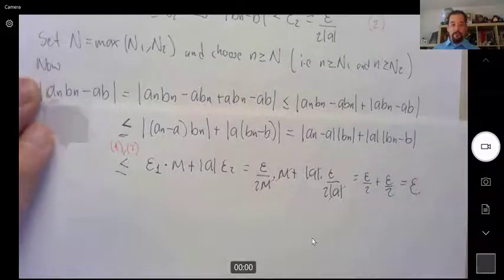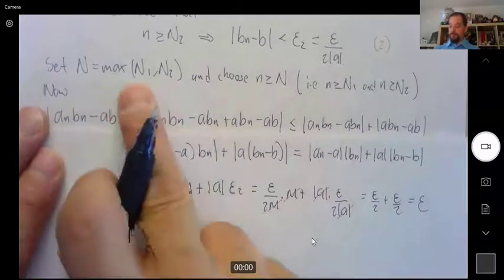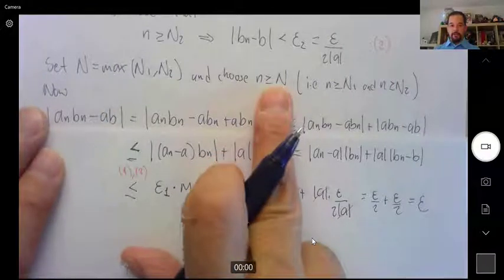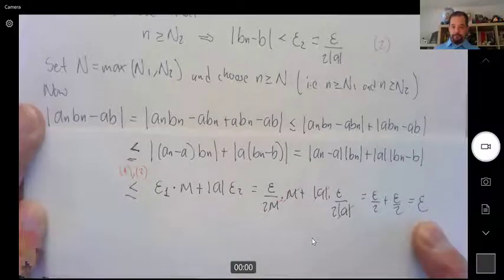And we are done, right? Given an arbitrary epsilon, we picked a capital N that depended on n1 and n2, and if little n is bigger than capital N, then this difference is less than epsilon.